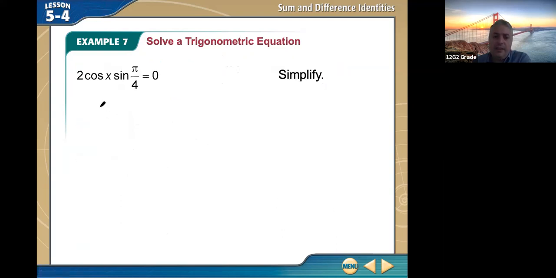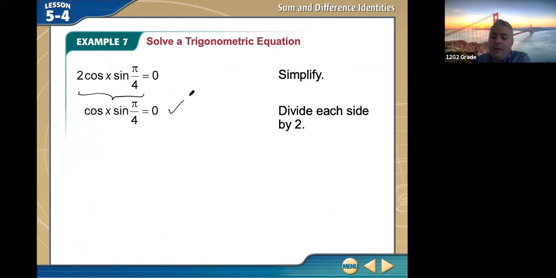So till here, as we did, just open the parentheses and make the operation. And then it's clear that we can divide by 2 directly. Cosine x sine pi over 4 is 0. Let's think together.